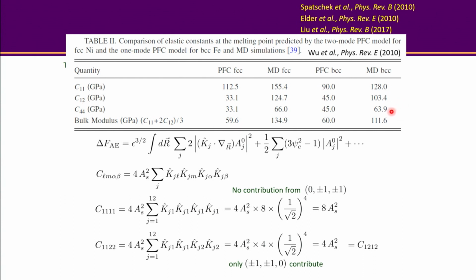And one fix to that is to incorporate a higher order mode. That's going to break the symmetry, and will give you different C12 and C44. But here, just for the simplest theory, that's what you will get. Okay. Compared with MD, the magnitude itself is not that far away, but just to preserve the symmetry to the lowest order, that's what you will be getting from the PFC.